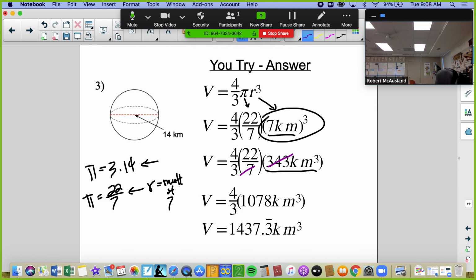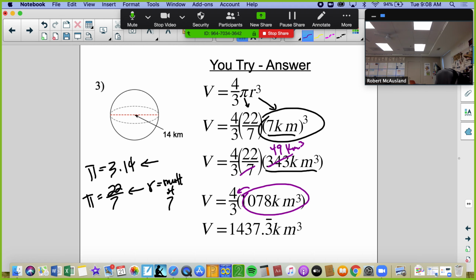That gives me 49 kilometers cubed. And now I'm going to multiply that by 22, and I get 1,078 kilometers cubed. And then I'm going to take this value, still multiply it by 4 and divide by 3, and I'll get 1,437.3 kilometers cubed. If you use 3.14, that's fine.